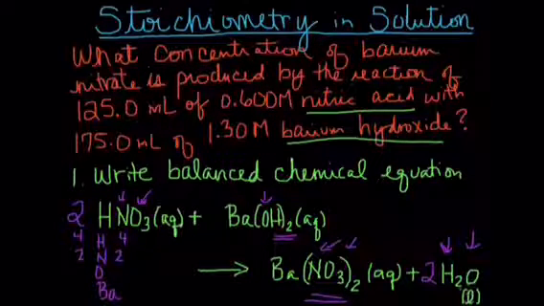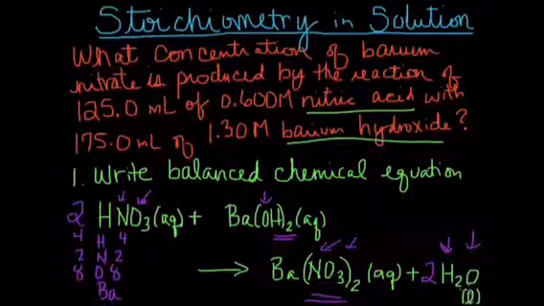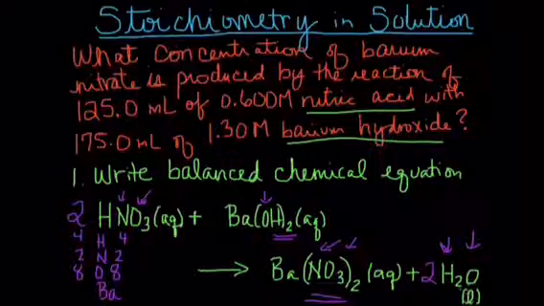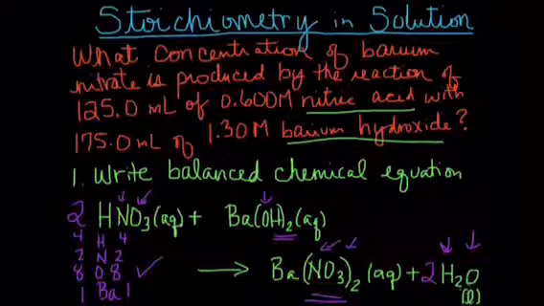So I've got a total of 8 on the left and a total of 8 on the right. And then I've got 1 barium on each side. So I have everything balanced in terms of conservation of mass. So now I can use those ratios in my chemical equation to figure out the amounts of product that I'm going to get out of this reaction.